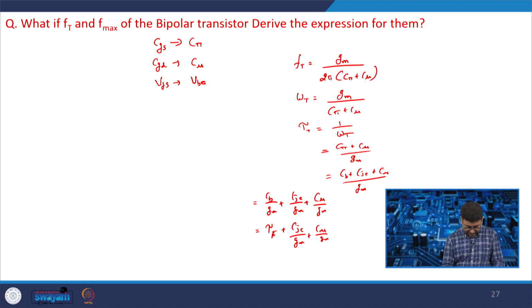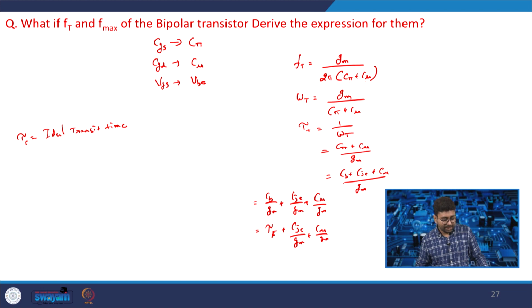It is the ideal transit time. Even though there is a forward bias, you will also get Cje by gm and C mu by gm.